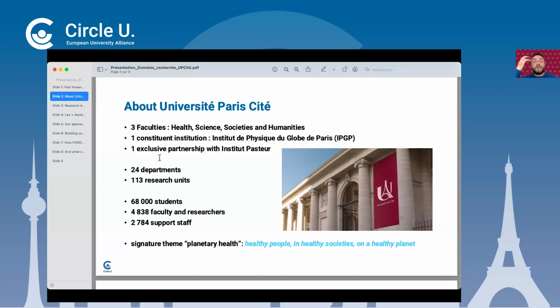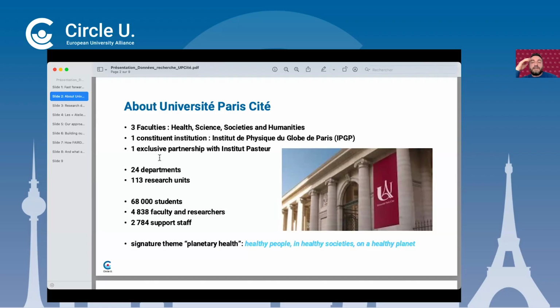We also include one constituent institution, the Institut de Physique du Globe de Paris, which is specialized in earth sciences. And we have, that's important for the rest of my presentation, a strong exclusive partnership with the Institut Pasteur. The university has over 68,000 students, around 4,800 faculty and researchers, and nearly 2,800 support staff.